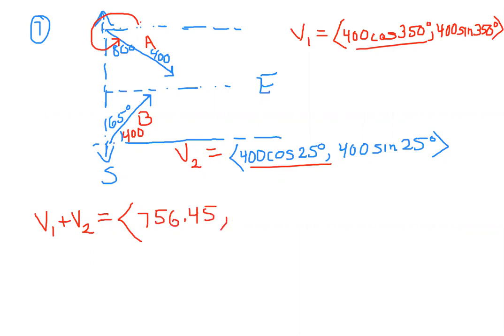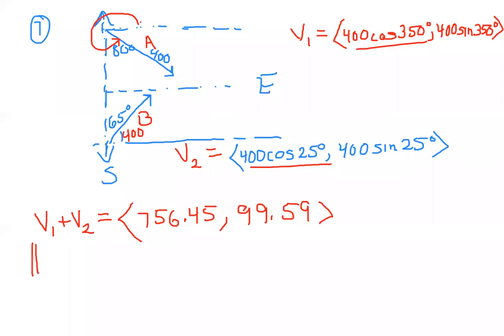756.45. And if you add the other components together, you should get 99.59. There's your resultant vector. But it asked us for the magnitude and direction, which means the angle. The magnitude is easy.